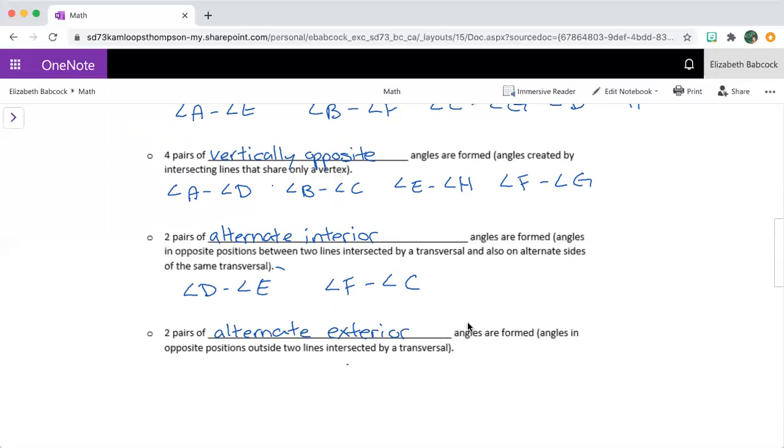So this would be angle A to angle H, and angle B to angle G. Okay, so moving on.